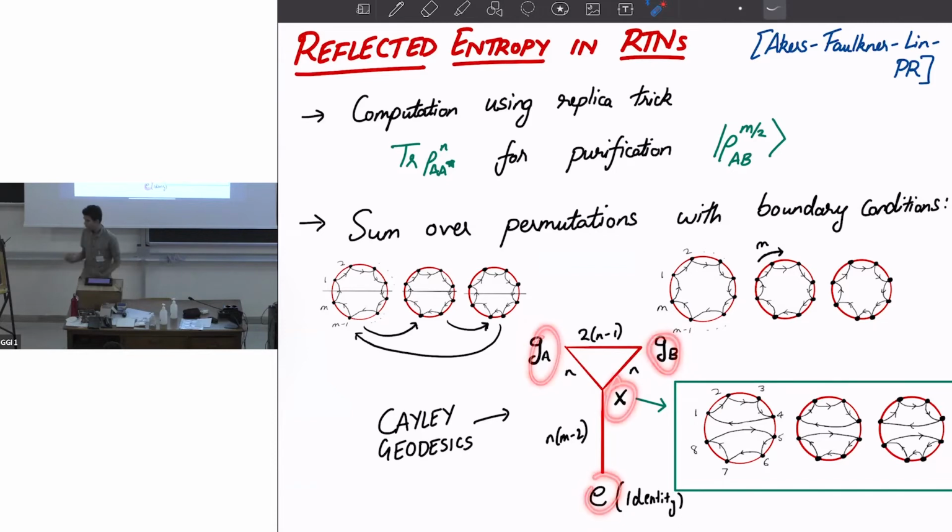And there was no analog of this X saddle, which came from understanding what the geodesics in this permutation group are. And this X is precisely the saddle that we needed in order to fix the issue. So once you add in this X, we see that the order of limits issue gets fixed, and it's something that's important in gravity. So the tensor network teaches us about a saddle that was relevant in gravity that we had completely missed.